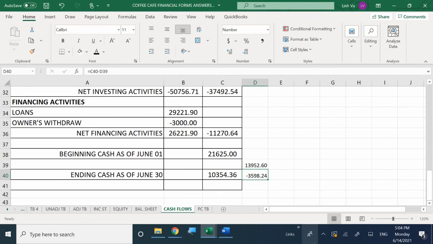So this is what's supposed to be: you're taking your beginning balance of cash flow of $21,625, and the amount of your net financing activities, to get your total ending balance of cash that you should have in your bank account as of June 30th. In this case, it's supposed to be $13,952.60. But I don't know where this $3,598 went. Okay. All right.